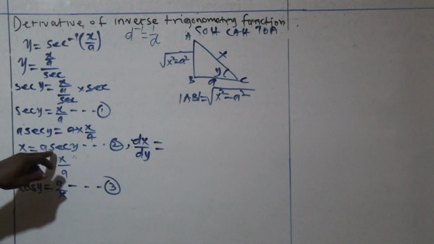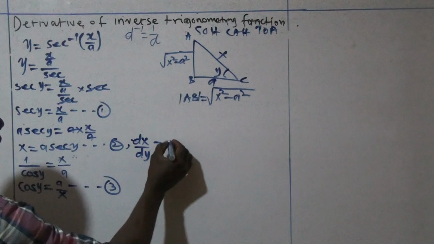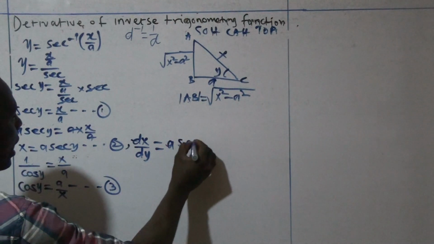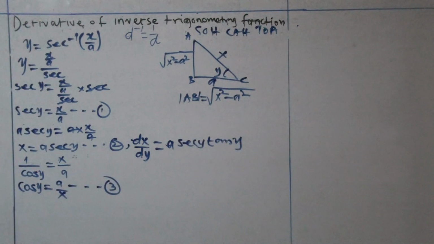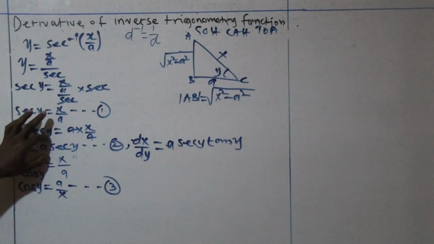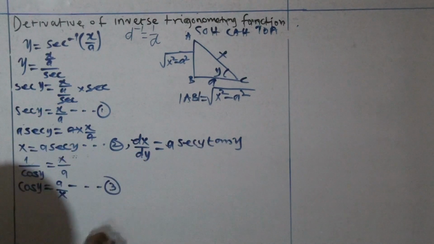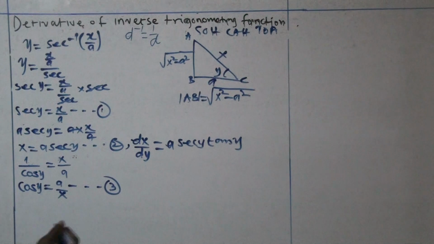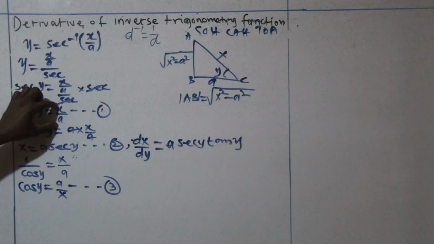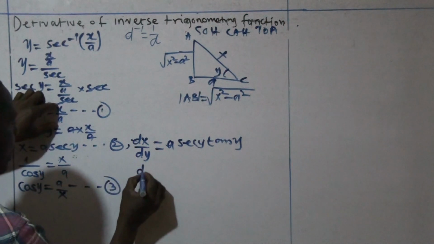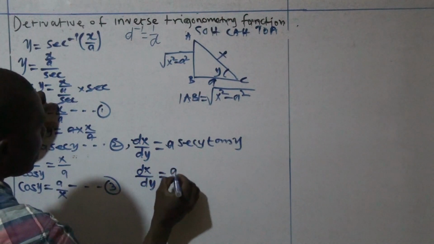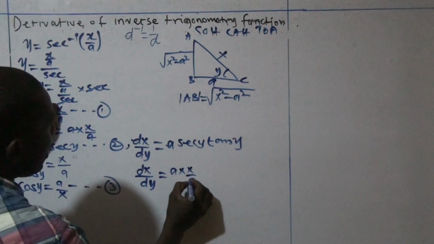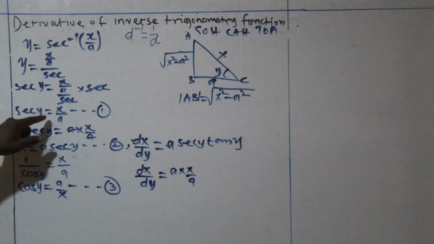If we differentiate sec, our resulting answer will become sec y tan y. We can go and verify that the derivative of sec is sec times tan. And here we also know that sec y has an expression which is x over a. So dx over dy is a times x over a, because the expression for sec is x over a.